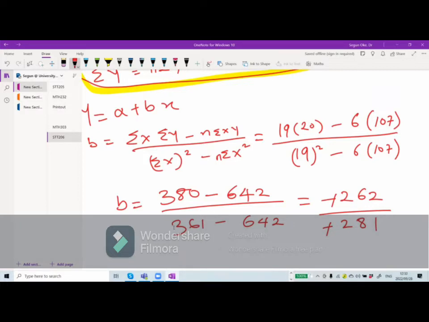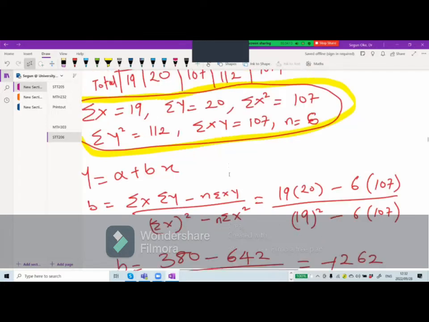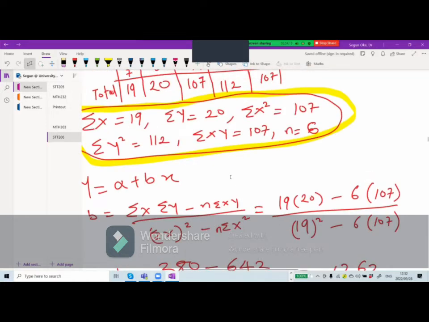Yes, sir. That one is square. Which one is square? Summation X squared. It's 6 times 107 squared. No. We already have it here.